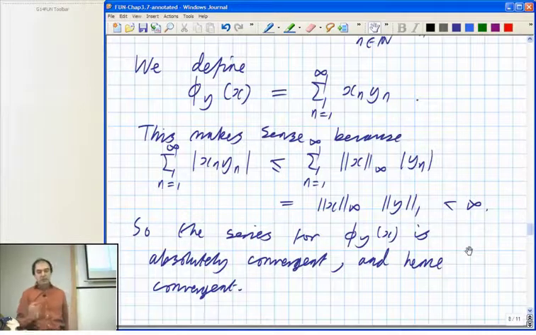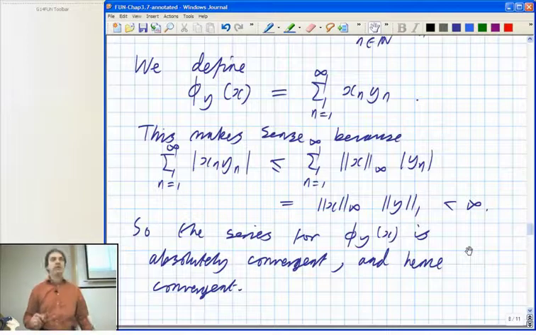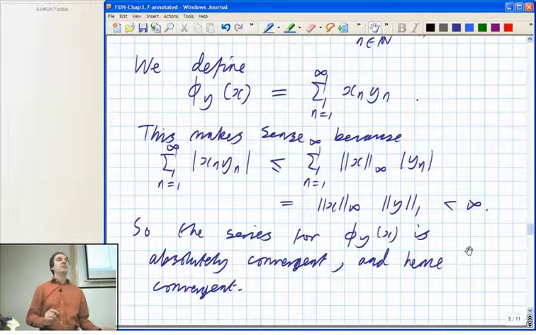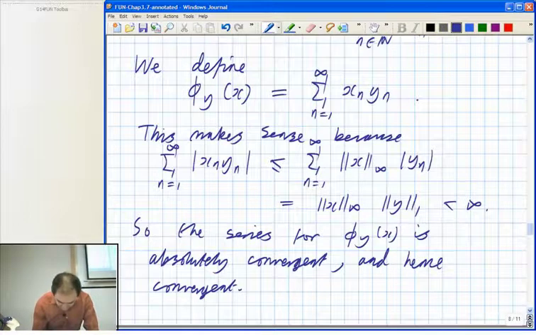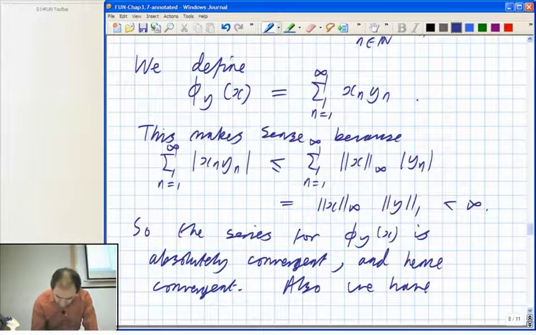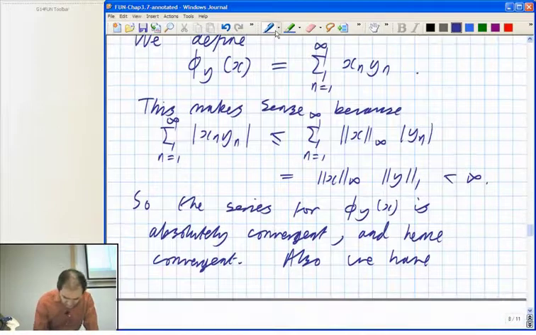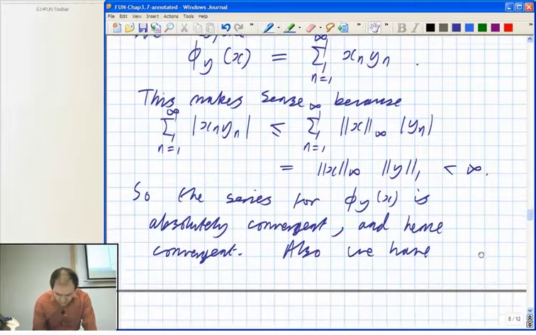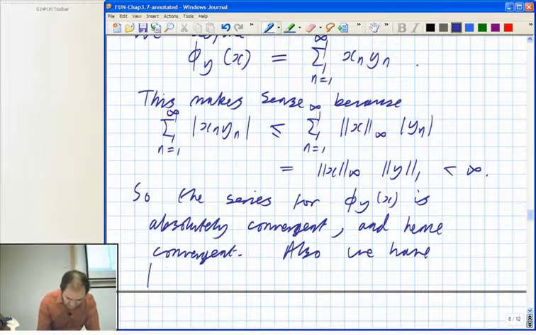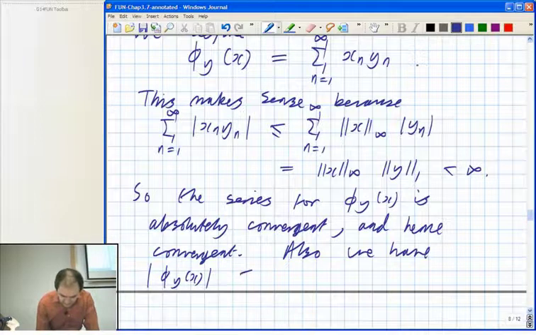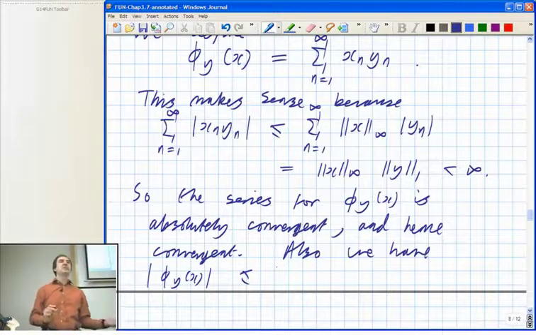Moreover, that also proves a bound on how big mod phi y of x is. Mod phi y of x is at most, the modulus of a sum is less than or equal to the sum of the modulus.